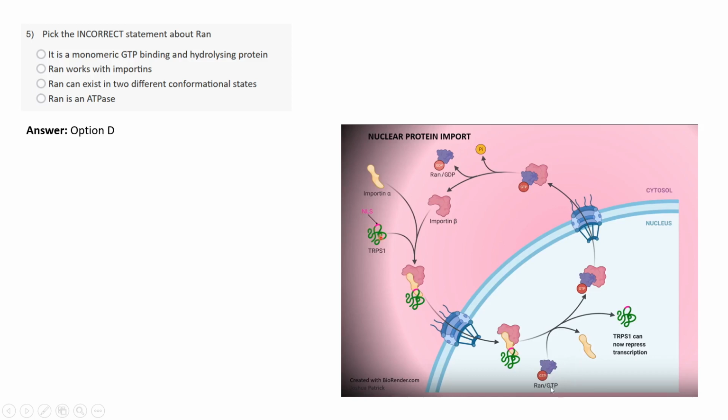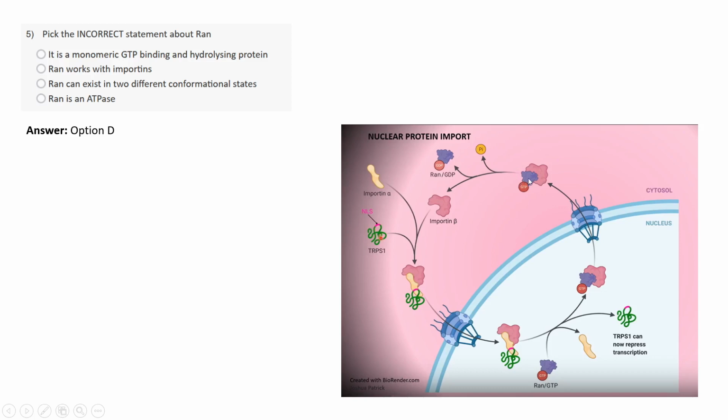In the nucleus, there is RAN GTP present, which acts on this protein and will allow the release of this protein from the importin receptor. Then this RAN GTP will bind to the importin beta subunit, and importin beta bound with RAN GTP will translocate into the cytosol.